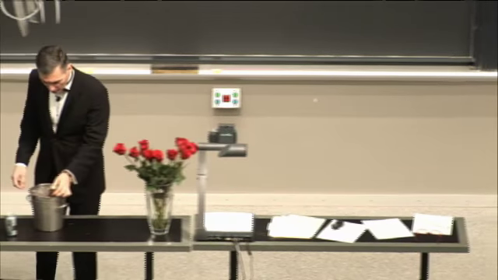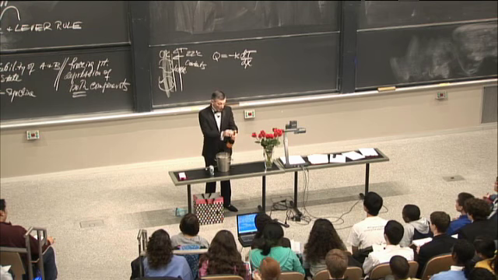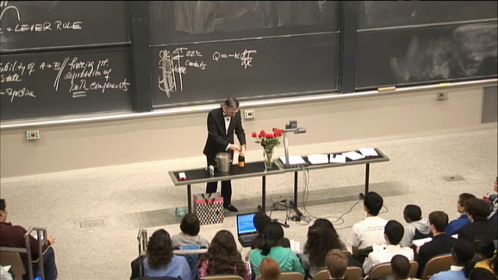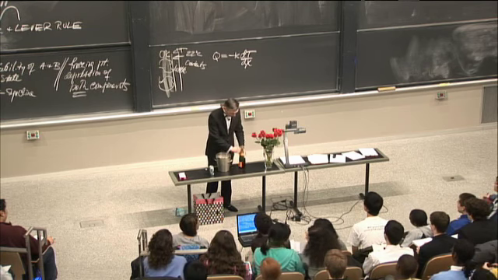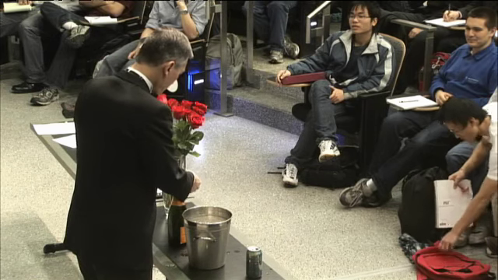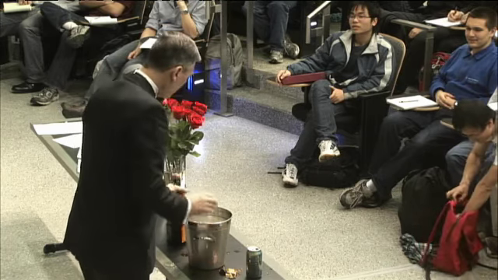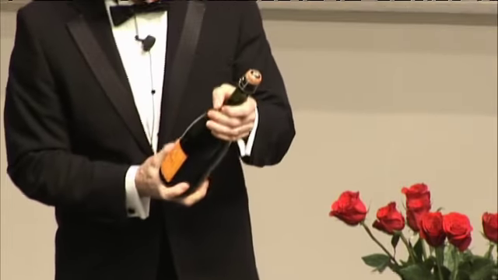So now, let's see. I think it's time to open up the champagne. So first thing, we have to teach you how to open champagne. So there's the foil here. So we'll take the foil off. I'll take the foil off very carefully. And then there's the wire basket that keeps the cork on.